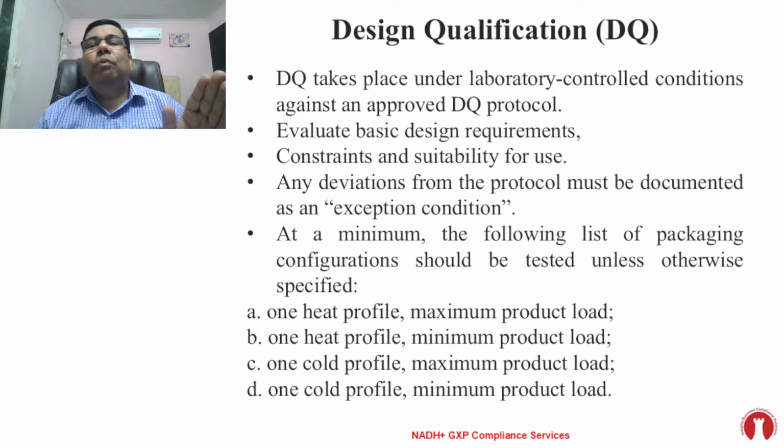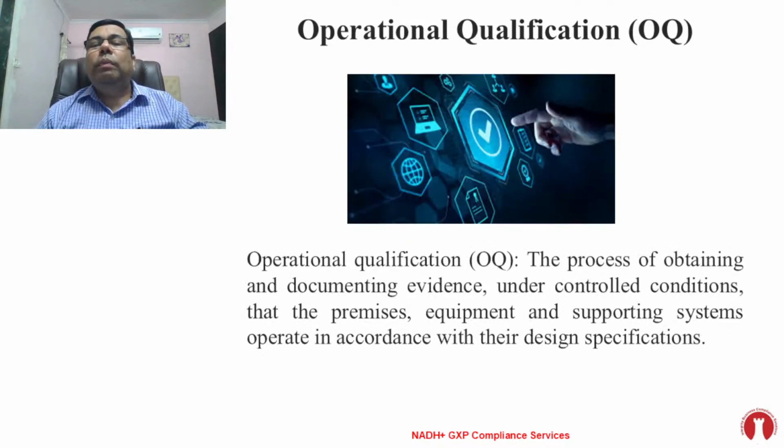One heat profile for maximum load, one heat profile for minimum load, then one cold profile for maximum load, and one cold profile for minimum product load. This way you have to perform the DQ at a minimum when you want to perform the design qualification for your shipping container.